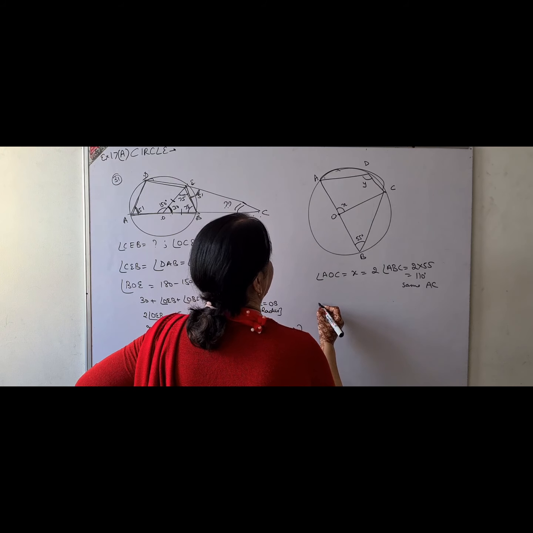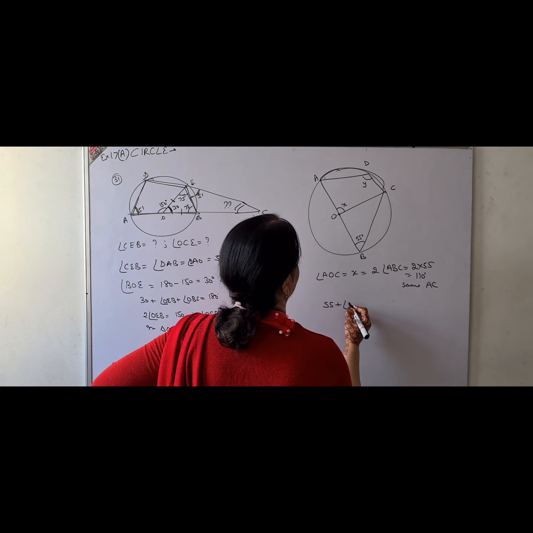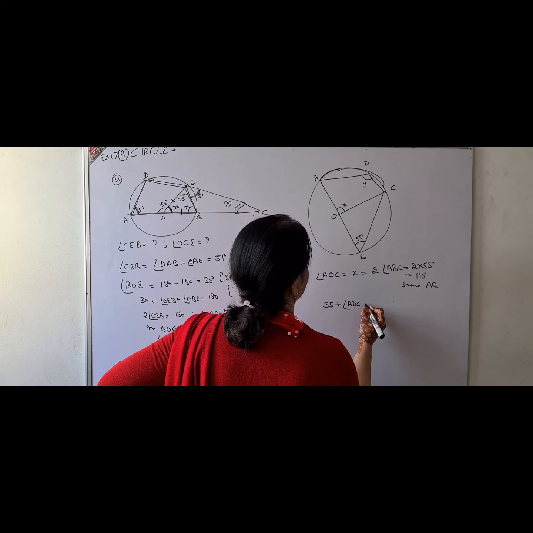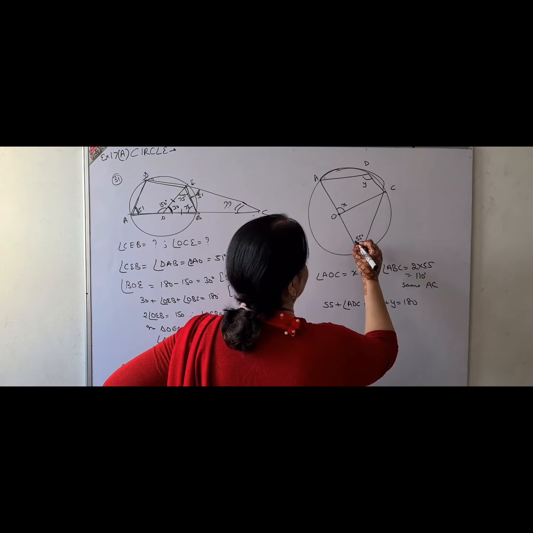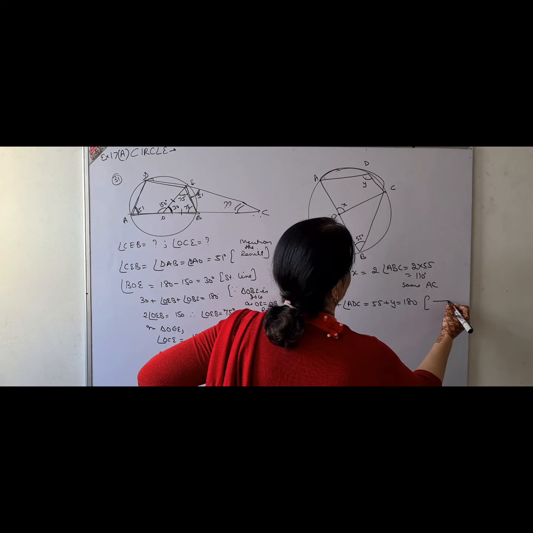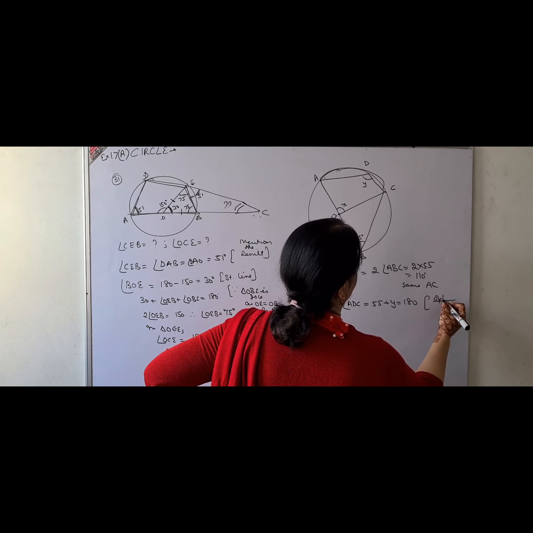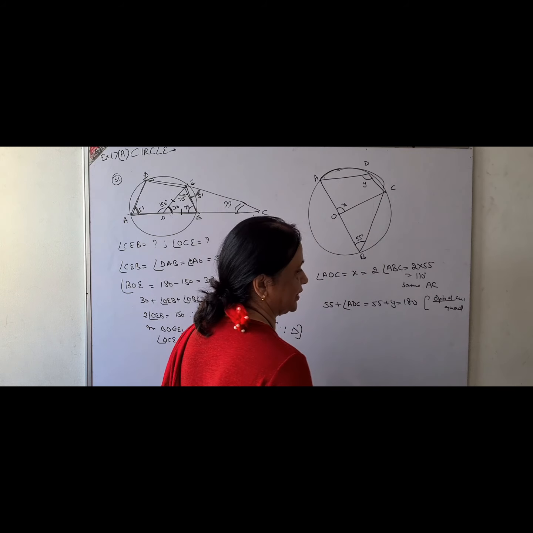Second answer. ABCD is a cyclic quadrilateral, so 55 plus angle ADC. So you can say 55 plus angle Y is equal to 180, because you can write the sum of the opposite angles of a cyclic quadrilateral. Now see, I am not mentioning the full results.